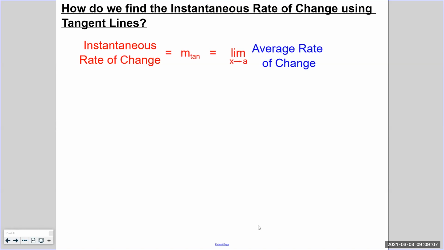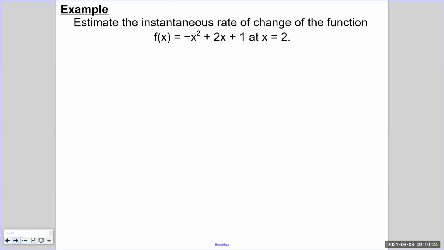And then we moved it closer and closer and closer to a specific x value. So essentially what we did is we took the limit of the average rate of change. So therefore, our instantaneous rate of change is going to be the limit as x approaches some a value of f of x minus f of a over x minus a at the point x equals a.